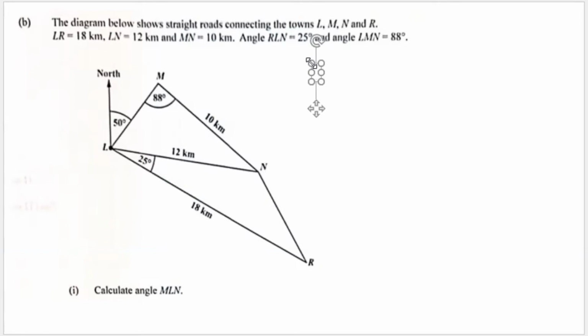So calculate angle MLN. So from looking at this, we're highlighting this triangle here. So along this line, which means that I'm using these data, so the 88 degrees, 10 kilometers, and 12 kilometers.